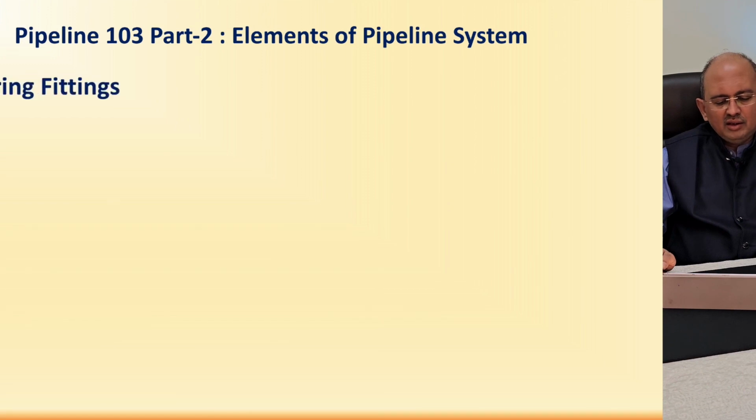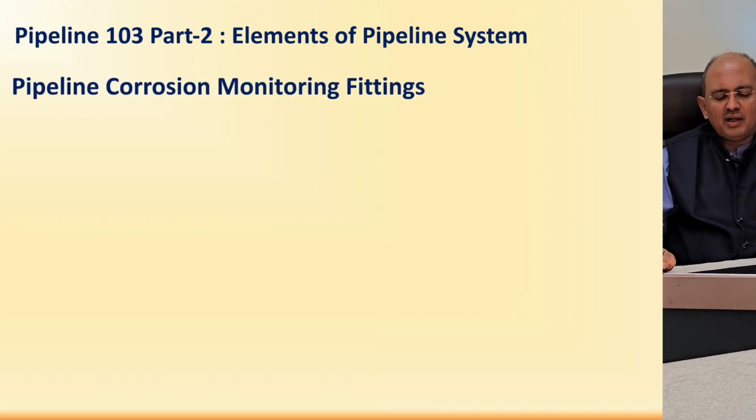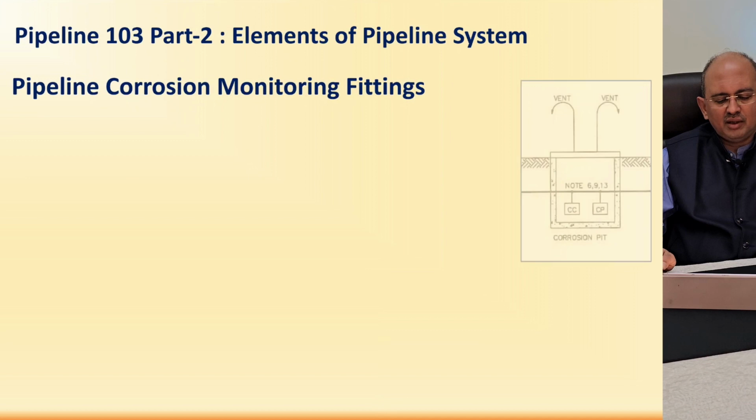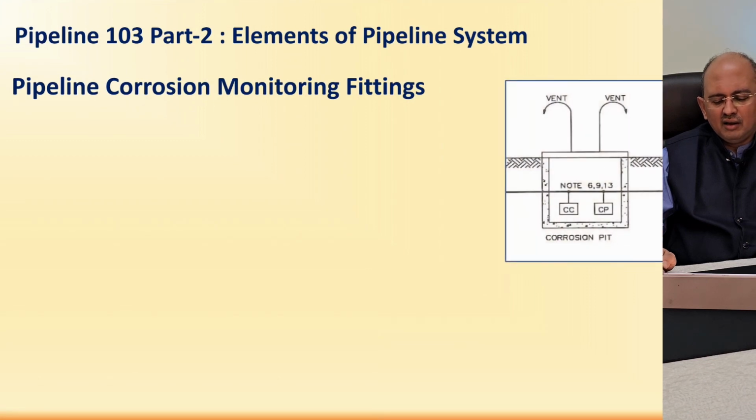So let's see the pipeline corrosion monitoring fittings. Basically, when the pipeline is buried and going along a very long distance, even though we saw that pigging is done regularly to control corrosion, it will remove the deposition, scrape the deposition, and move the stagnant liquid or water away from the low points.